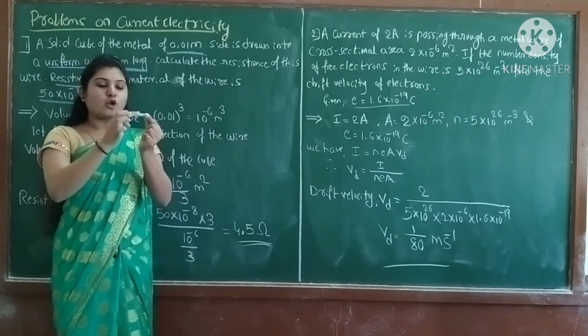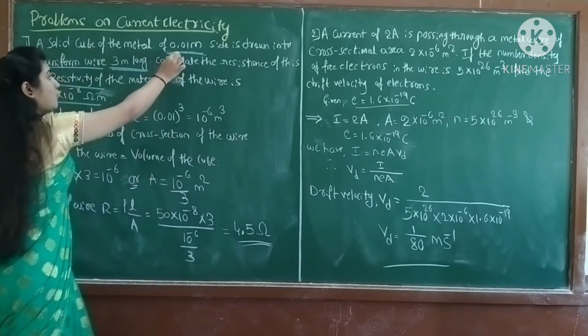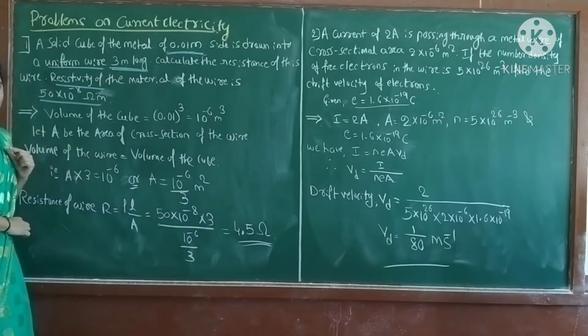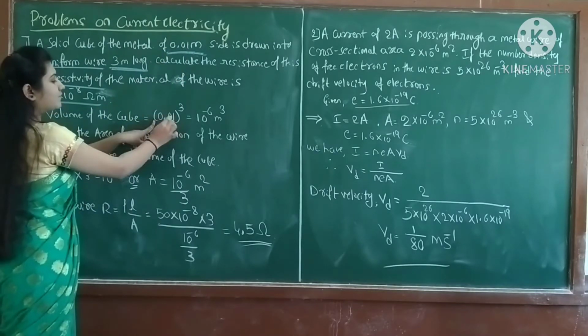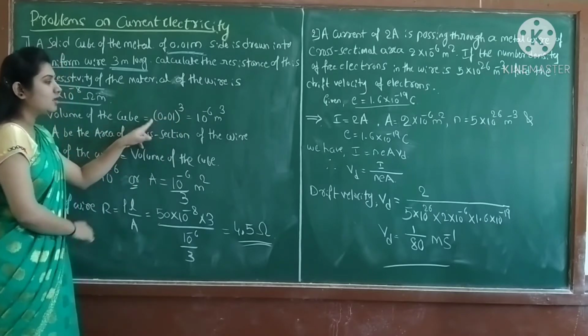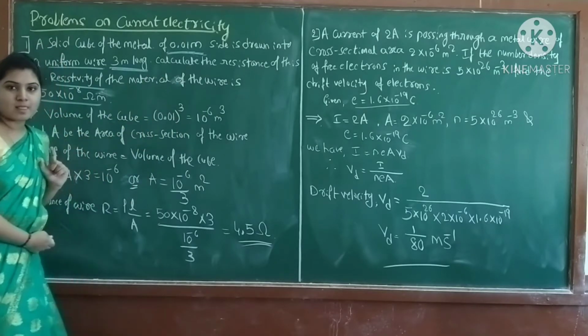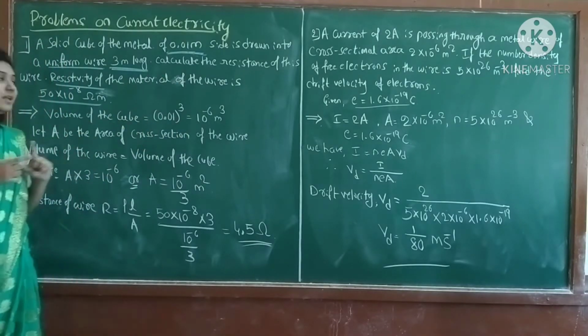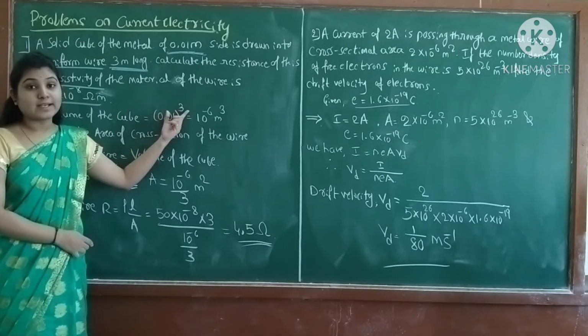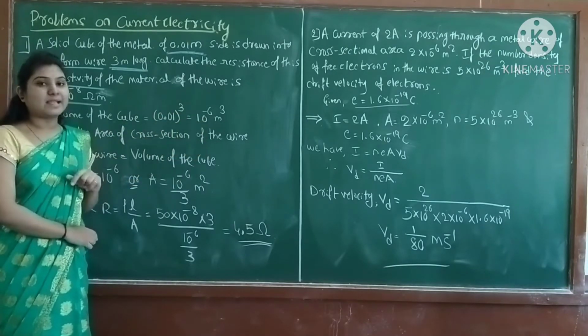So the volume is 0.01 meter cubed. Write it here, 0.01, and make it cube. How much do you get? 10 to the power minus 6.